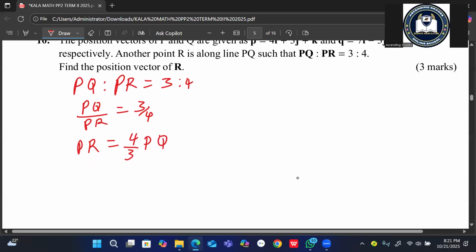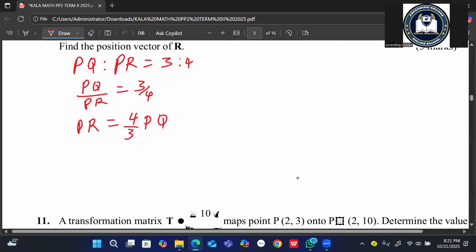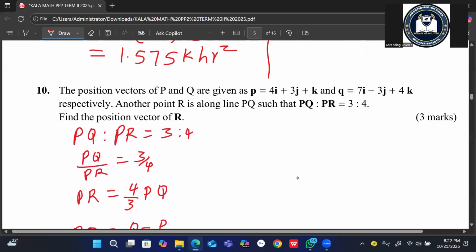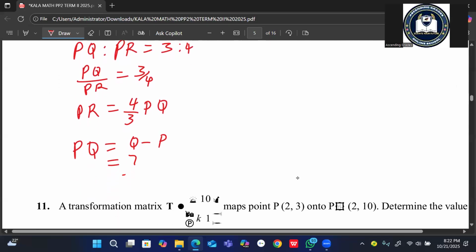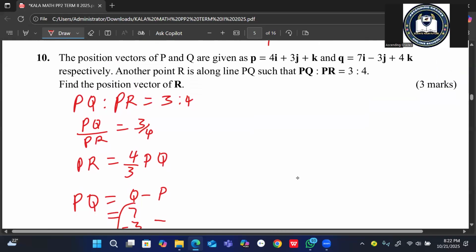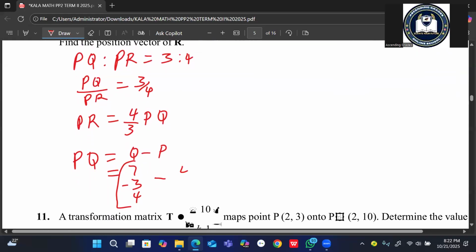So our PQ is Q minus P. Our Q is 7, negative 3, 4, from the information given, then you minus our P. Our P is 4, 3, 1.